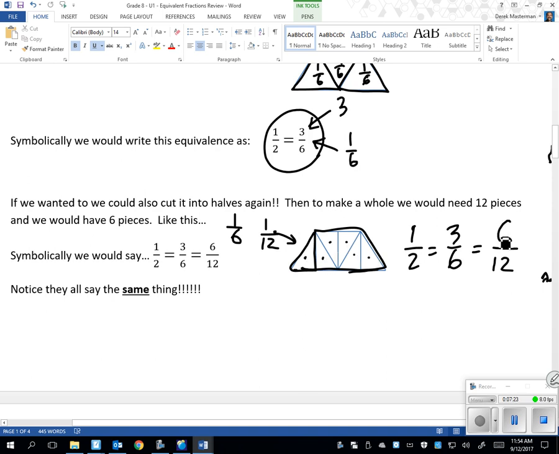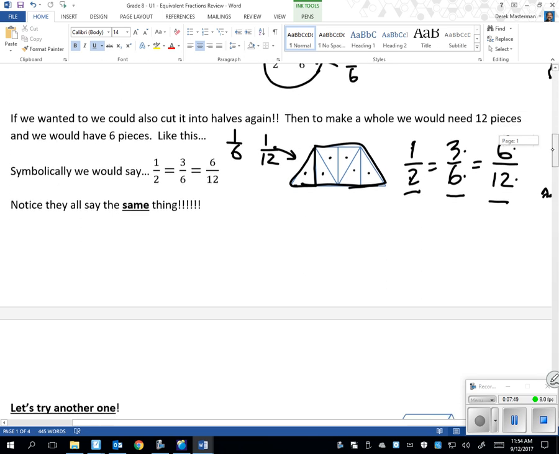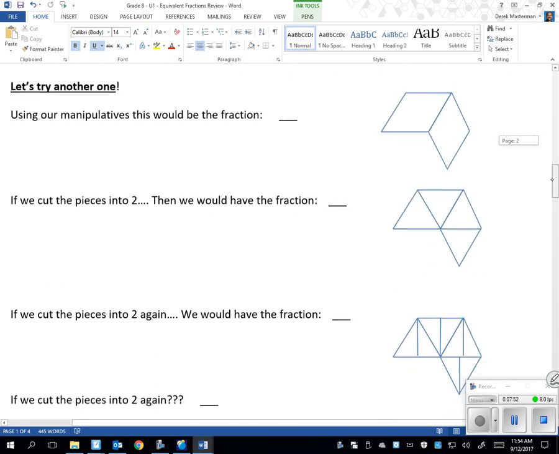I have 6 pieces cut into 12ths. 1/2, 3/6, 6/12. Notice the top number is always just half of the bottom number. Because that's how many I have. I still have half of a whole, half of a whole, half of a whole. Okay, we'll talk about the math, because right now all we're doing is taking some pieces and we're snipping.